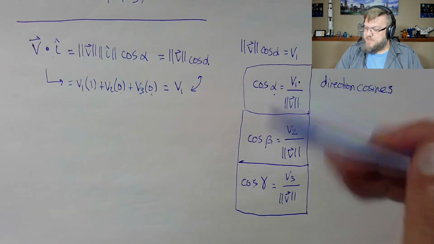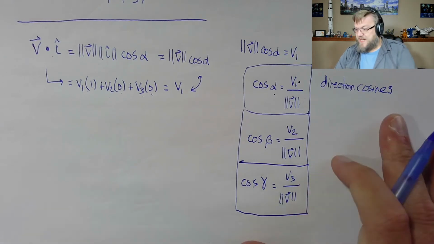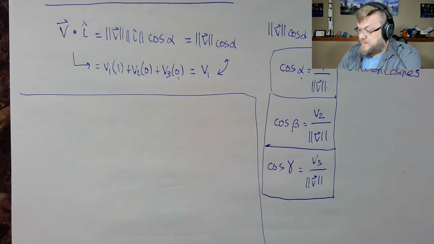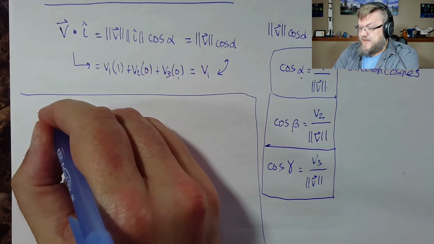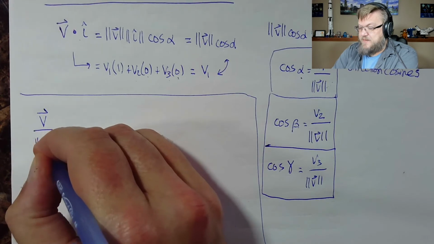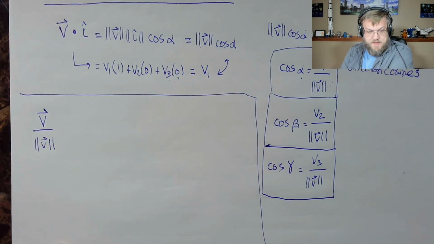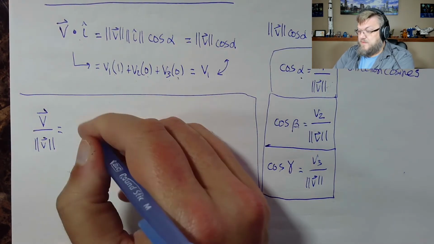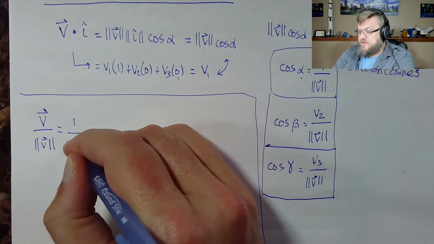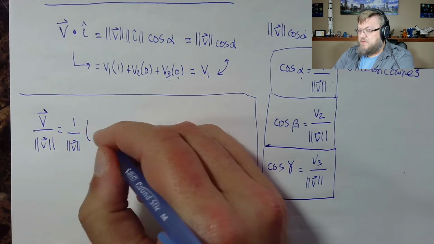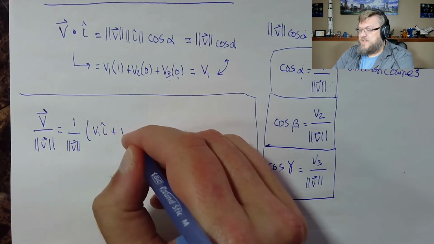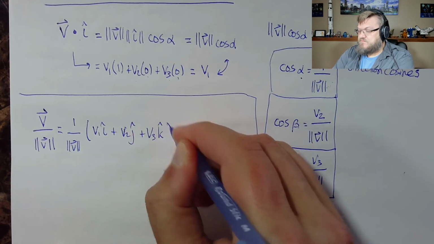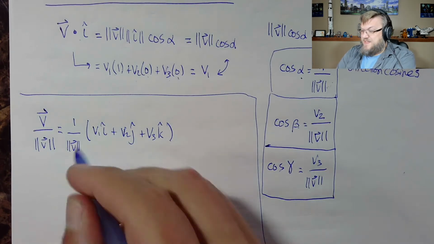Now, one nice relationship that holds for the direction cosines is the following. If you play around with this a little bit more, you can start to notice something here. For instance, if I take vector v and divide it by its magnitude, right? This is equal to 1 over the magnitude of v times the vector v, which is v1 i plus v2 j plus v3 k. Right? Now, wait a minute.